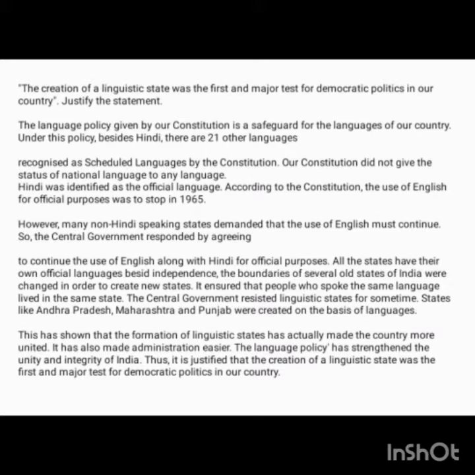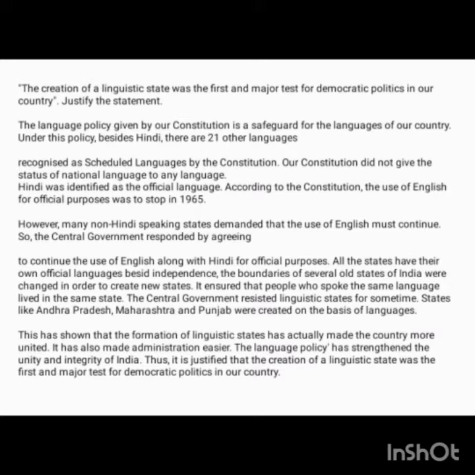After 1965, in Tamil Nadu especially, we had anti-Hindi agitation, and before that, from 1956 to 1958, various states of India started to protest to make their own state on the basis of the language that they speak.